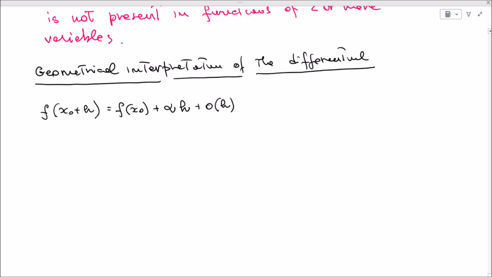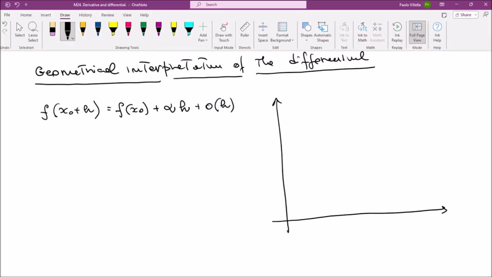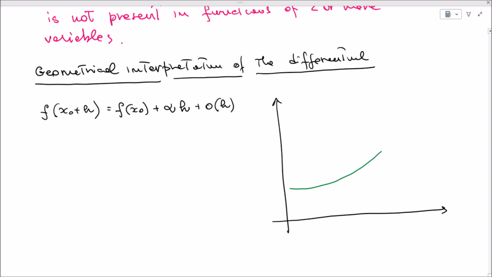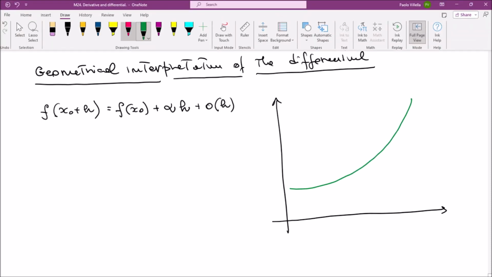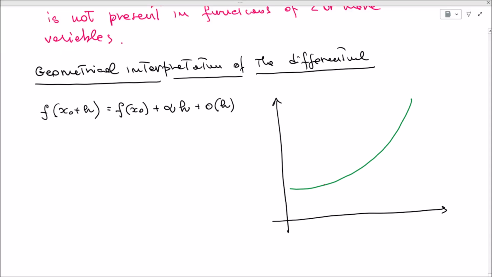Okay, so let's plot a function and see if we can give a geometrical interpretation of this expression. Let's say that this is our function f of x, and we start from a point x naught, and then we move to a new point x naught plus h.